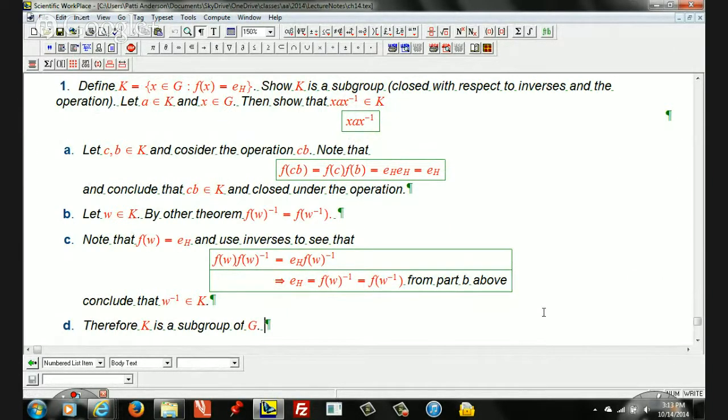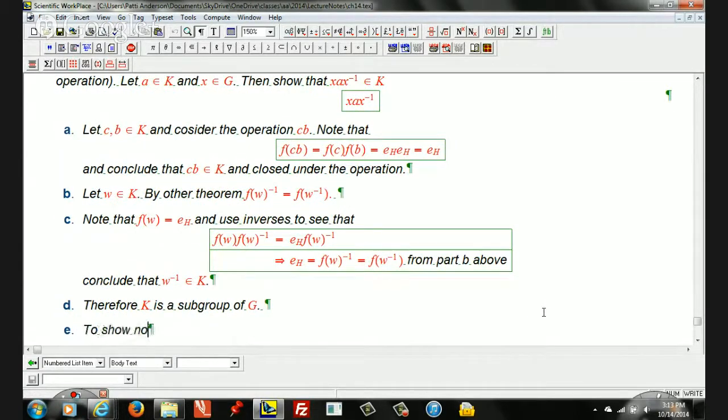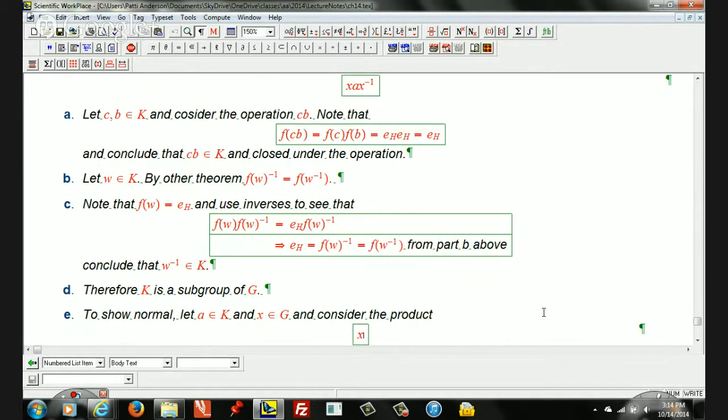Now you have to show normal. We're going to have X A X inverse. I want to show that this is in K, so I need to operate on it by F, right?